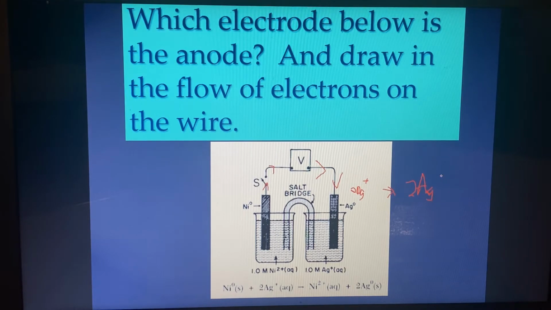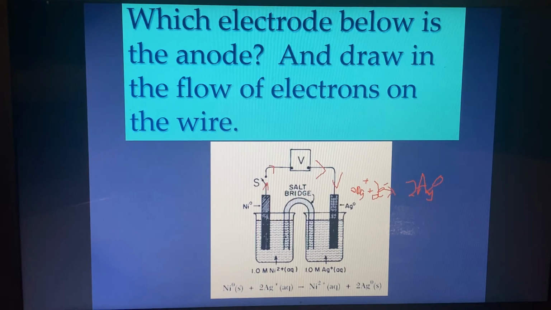In this case, the plus is higher than a 0, so this side is going to get the electrons. Sorry, my writing is awful, I'm using a different surface. To make this mathematically correct, because there's two of them, you have to put 2 electrons. So it's 2Ag plus 2 electrons equals 2Ag 0.